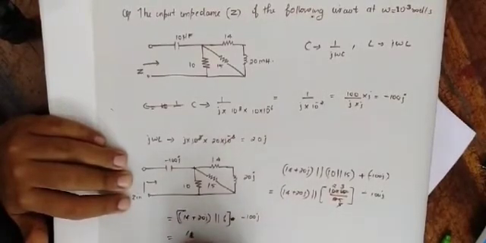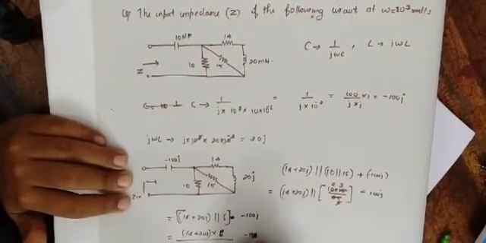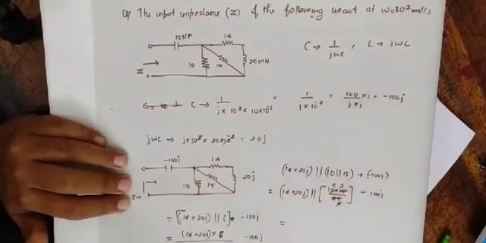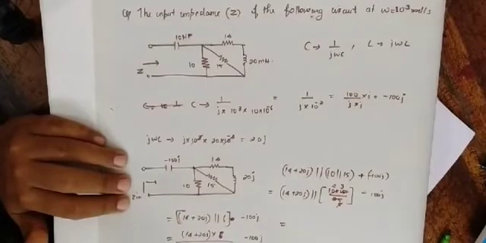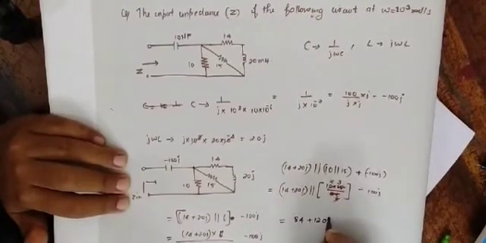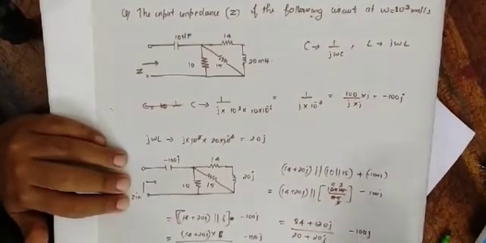Okay, and now 14 plus 20j times R1 R2 divided by 14 plus R1 plus R2, right? So we will get 14 into 6, how much is it? 14 into 6 we will get 84. 84 plus 120j divided by 20 plus 20j minus 100j.